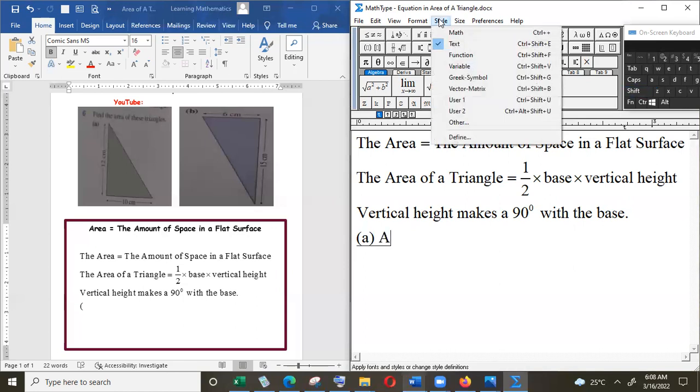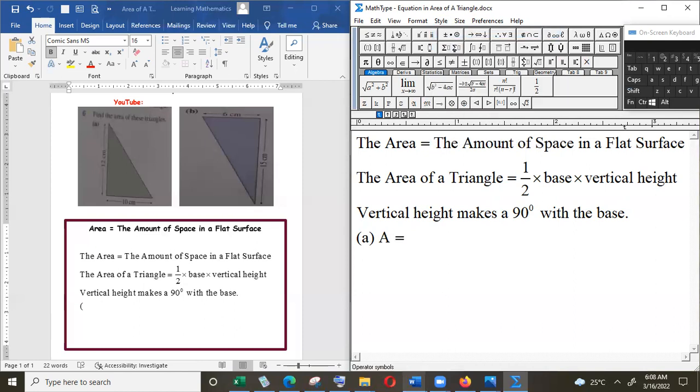Area is equal to, let's copy this down, A is equal to, so the area of a triangle must come with a half, which is represented as 1/2. A half times the base. Now the base is 10. So write down 10 times the height. The vertical height is 12.